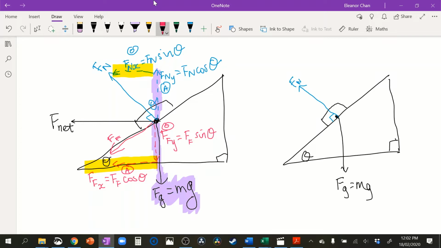It's going to happen along the road, and that friction force is going down the plane because you're going in towards the turn. So we're going to draw it down the surface of the plane like this. Okay? So those are the three main forces we're going to concern ourselves with.